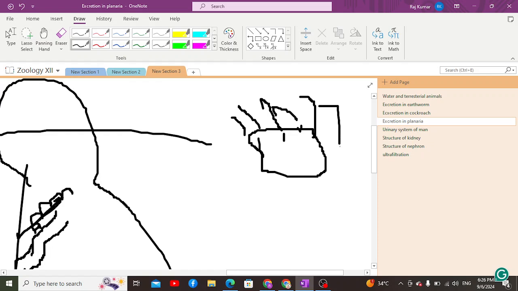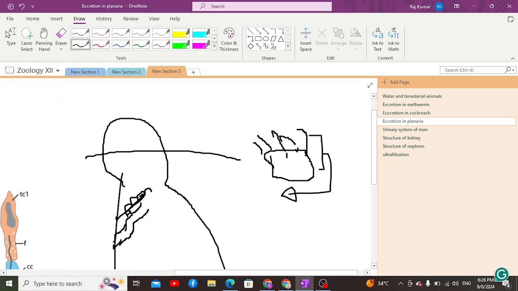The movement of the cilia on the flame cells occurs as if there is a flickering flame, as if a flame is burning, due to which these cells are named flame cells.